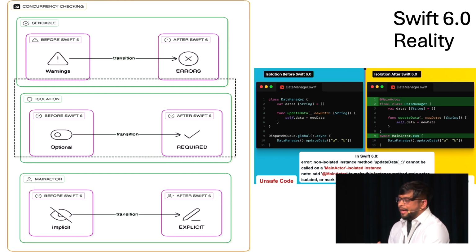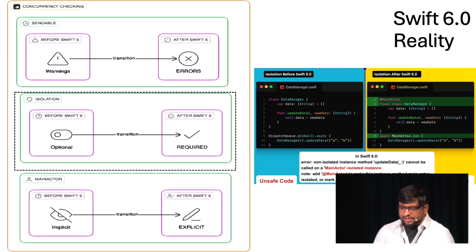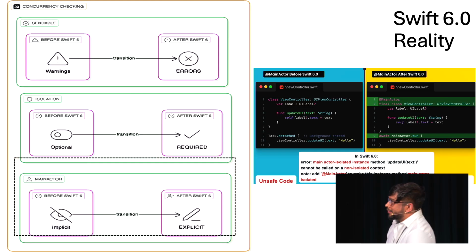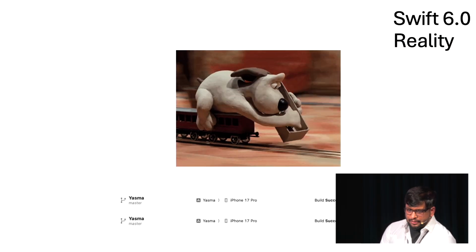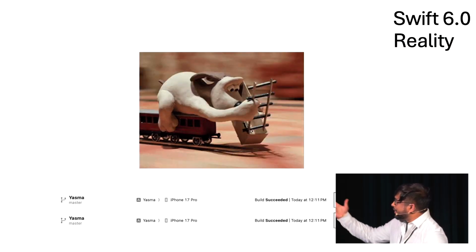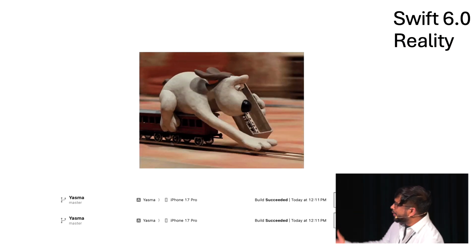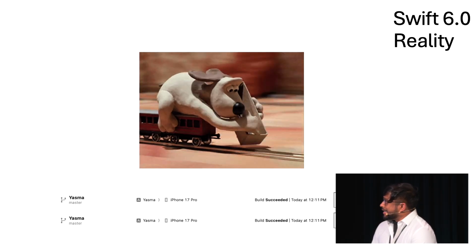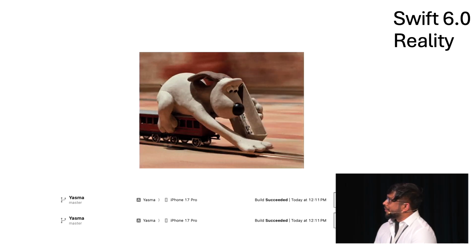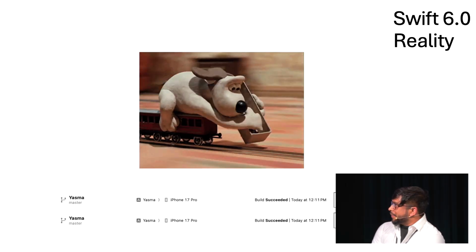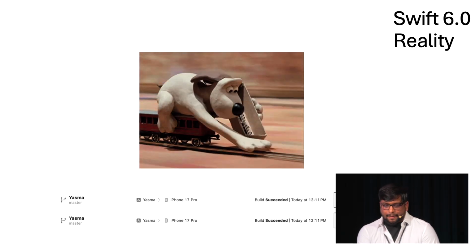In terms of isolation, before, actors were optional. Now you must specify where your code runs, on an actor or the main actor. You have to be explicit. So from nine warnings we now have 1,000, 2,000 errors, mostly Sendable or main actor. This wasn't a migration. This was just a rewrite.